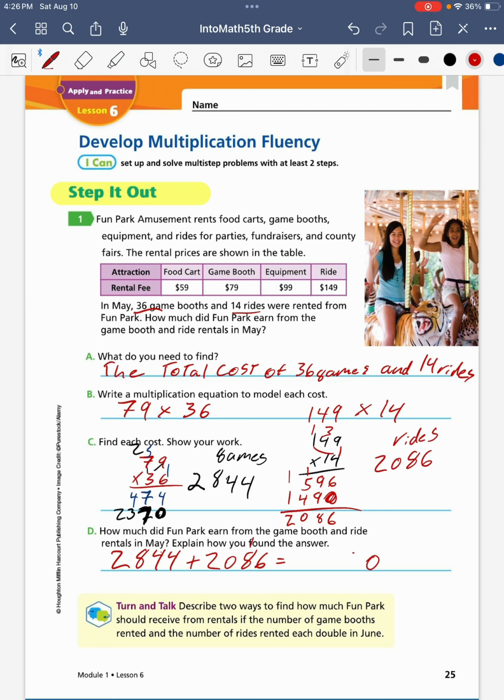For my tens, I have 4 plus 8, that is 12, plus 1 makes it 13. Carry my 1. 8 plus 0 is 8, plus 1 is 9. 2 plus 2 is 4. So Fun Park Amusement earns $4,930 for the rental of the games and the rides.